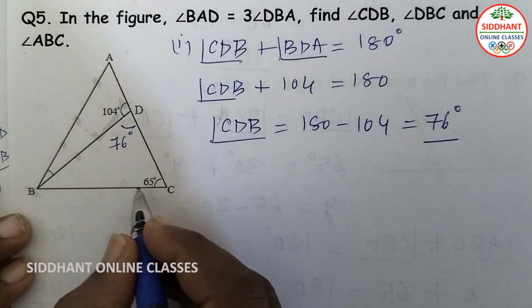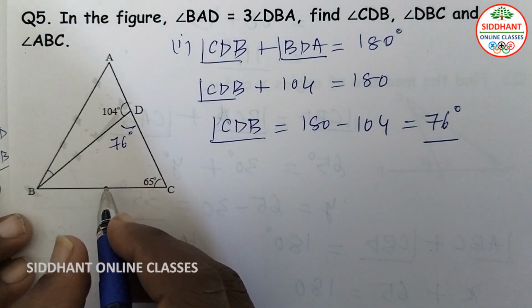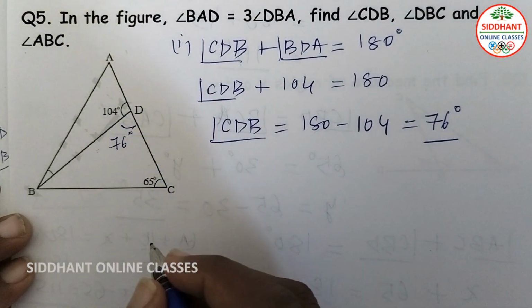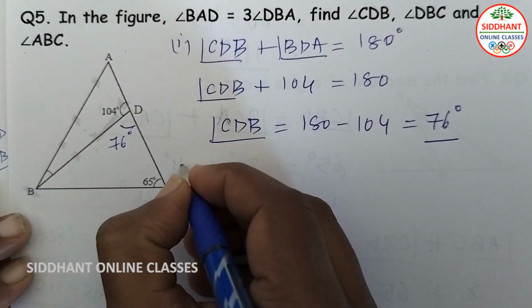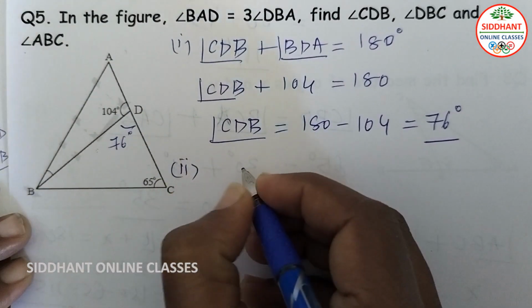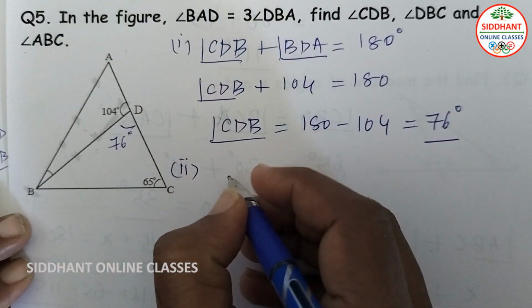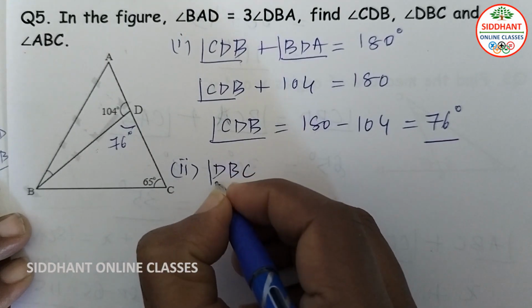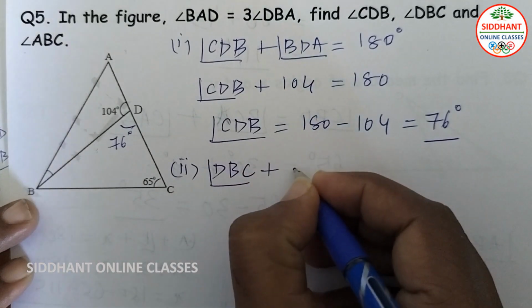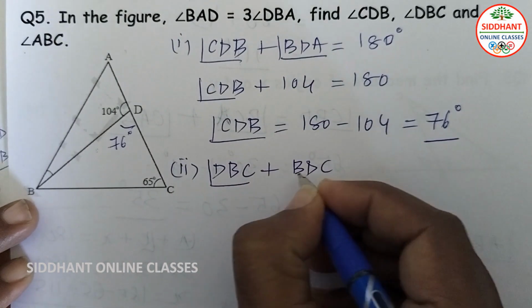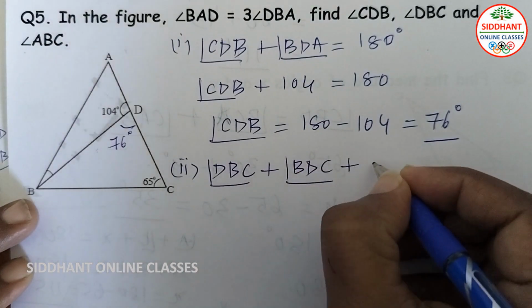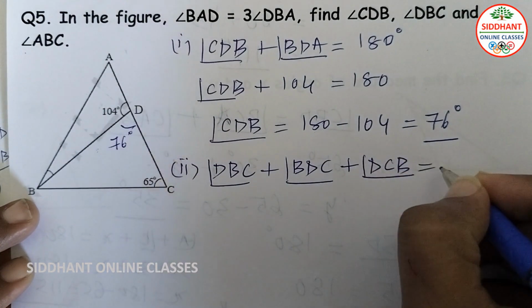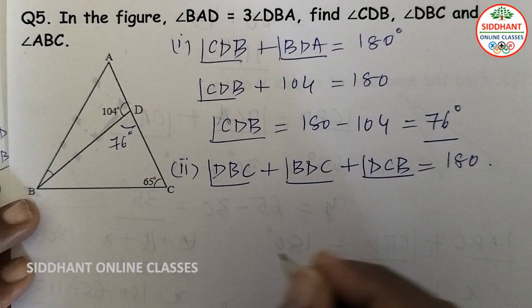Now the sum of the angles is 180 degrees. Then this we are going to find out. So angle DBC plus BDC plus DCB equal to 180.